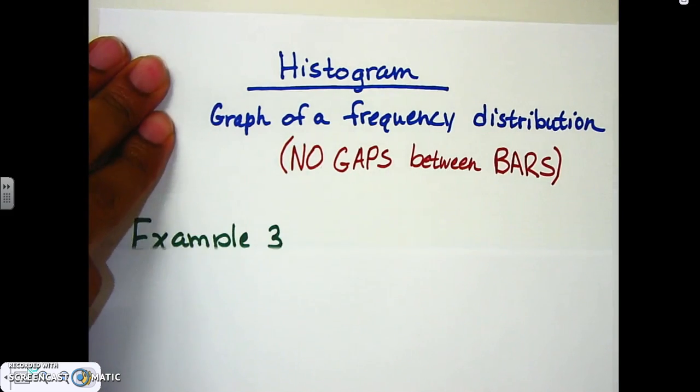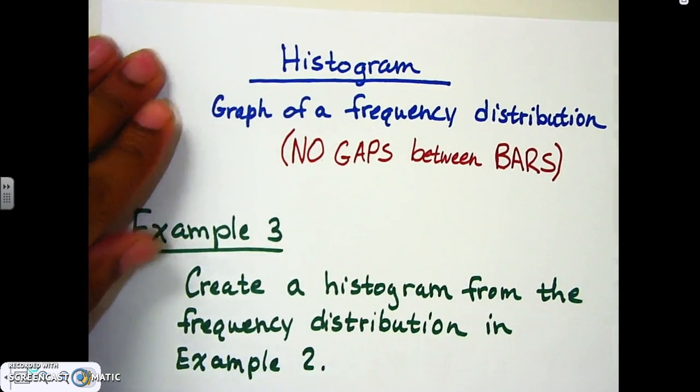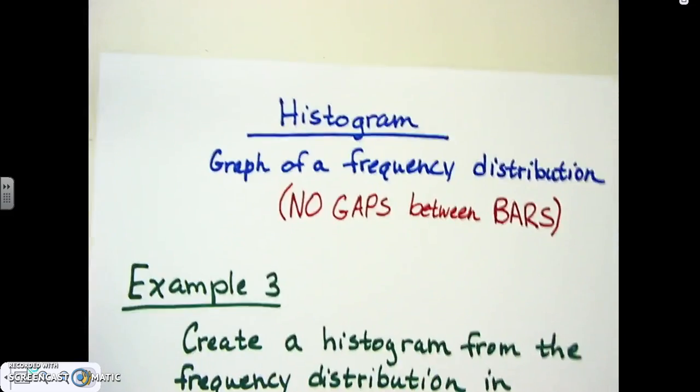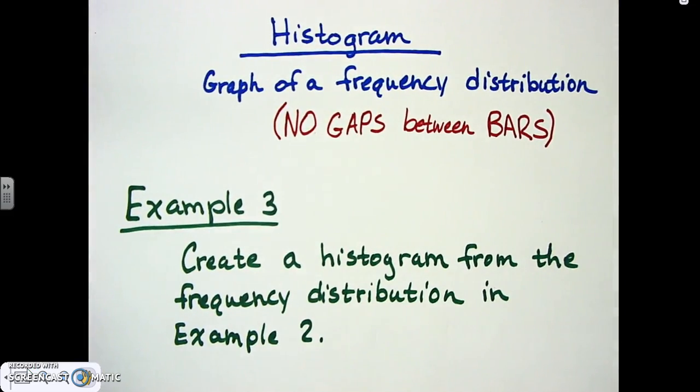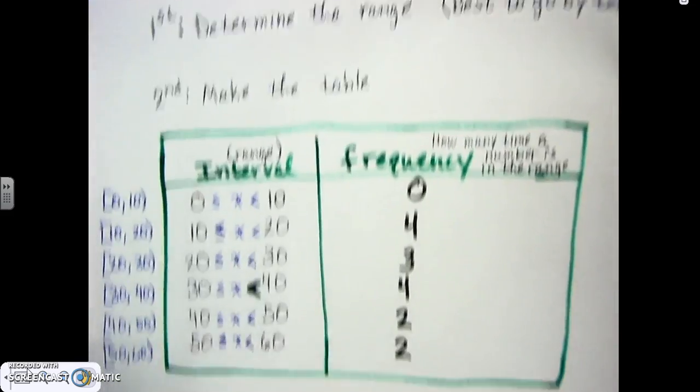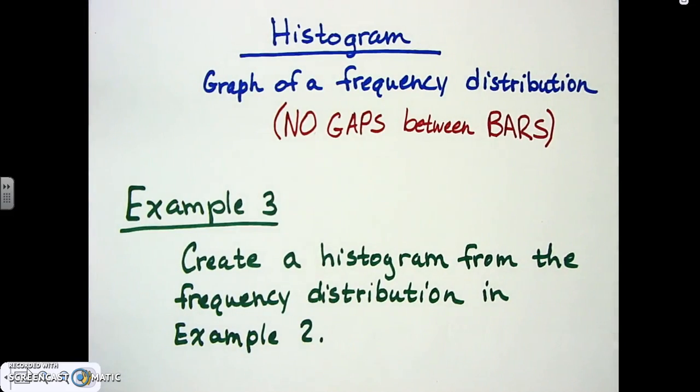So for example 3, the last thing we're going to do is create a histogram from the frequency distribution we just created in example 2. So our wonderful frequency distribution that we created right here is going to help us when we do our histogram.